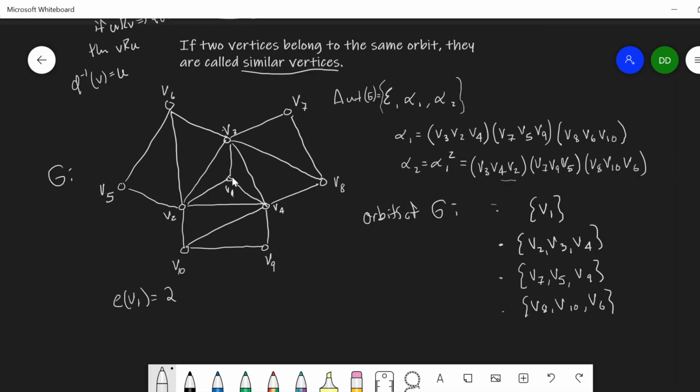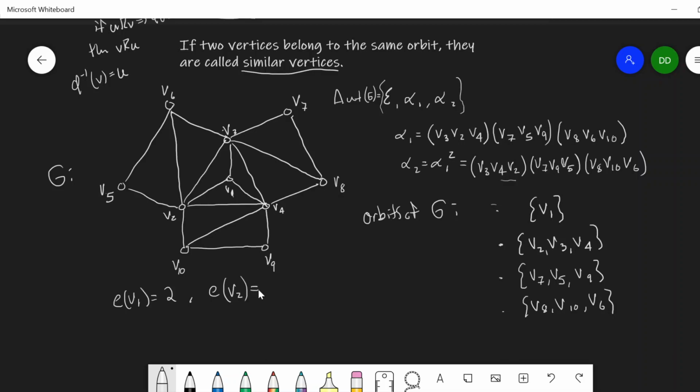So I can compute the eccentricity of, say, V1 and just compute the distance from V1 to the vertex farthest from V1. It is 2. And then I can compute, let's say, the eccentricity of V2. From V2 to any other vertex: 1, 2, 1, 2. It's also 2.